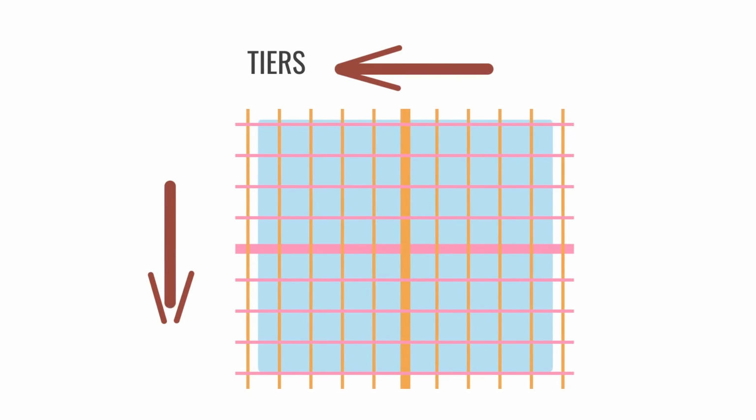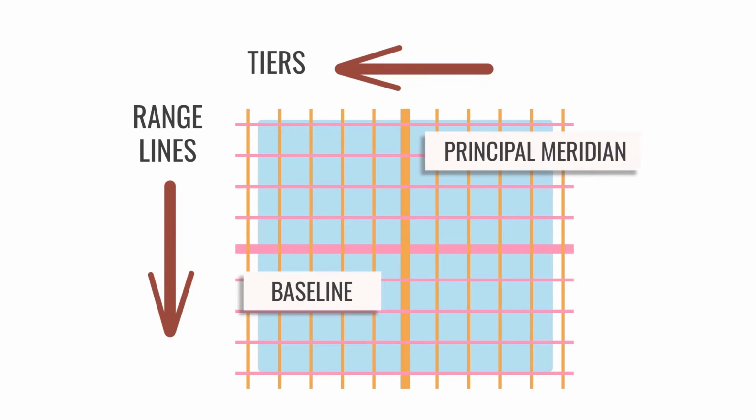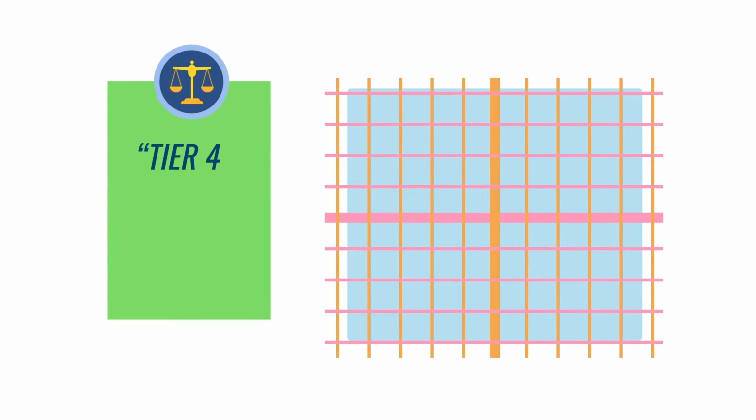First, we need to look at how properties are located in each township. Remember that each township has lines called tiers running east and west, and range lines running north and south. A township is identified by specifying how many tiers it is north or south of the baseline and how many range lines it is east or west of the principal meridian. In our example, the legal description describes a township as Tier 4 north, range 5 west.